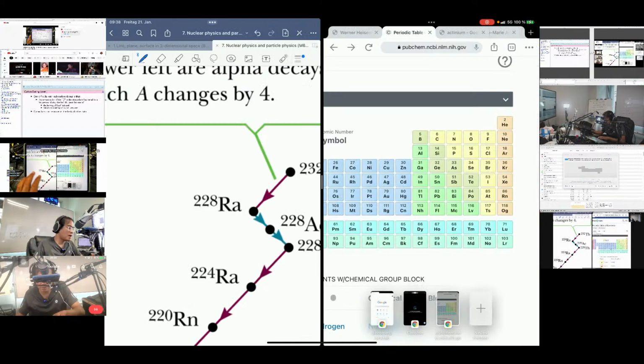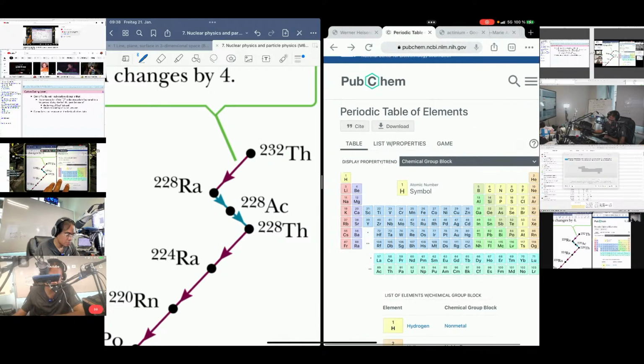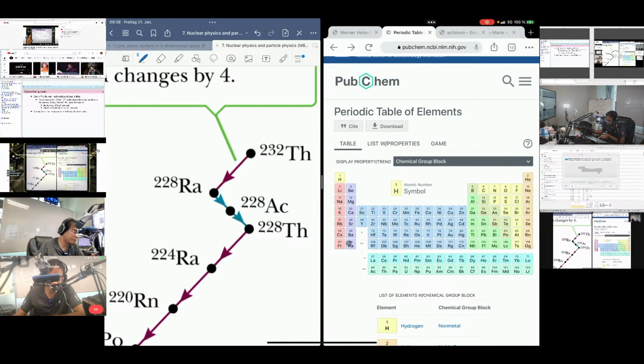Radium is 88 here. One neutron turns into a proton, so the number of nucleons is the same, but the number of protons increases by 1. When the atomic number increases by 1, from 88 we get 89, and 89 corresponds to actinium here.